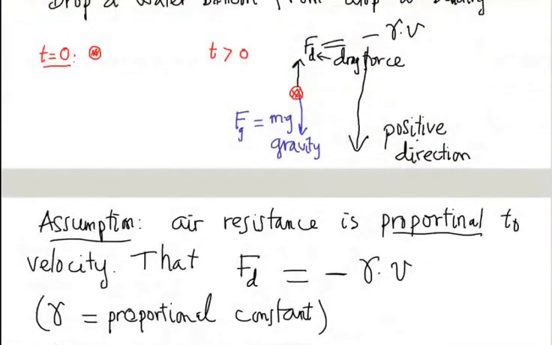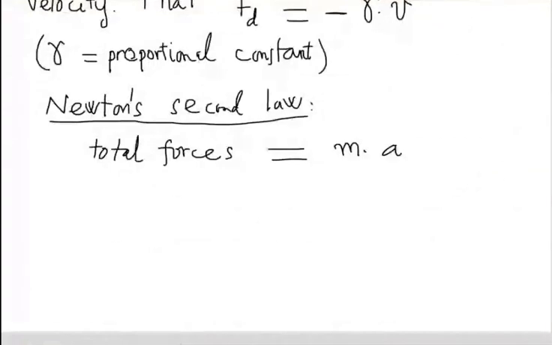So let's add up the two forces: we have gravity and the air resistance. We have m times g minus gamma times v equal to m times a.